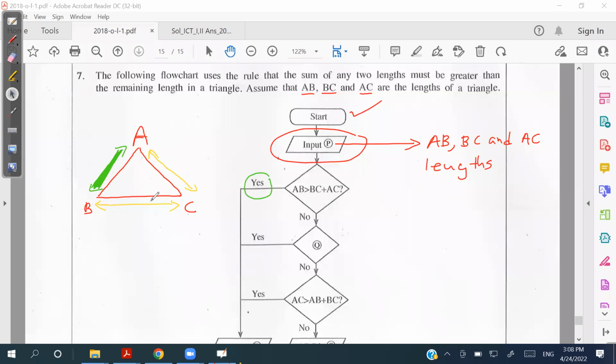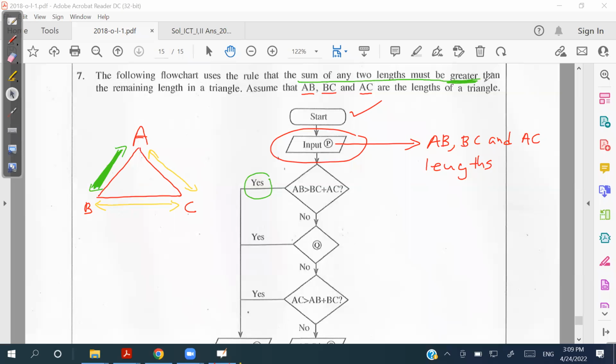right? Because the rule or the theory says the sum of any two lengths must be greater than the remaining length.